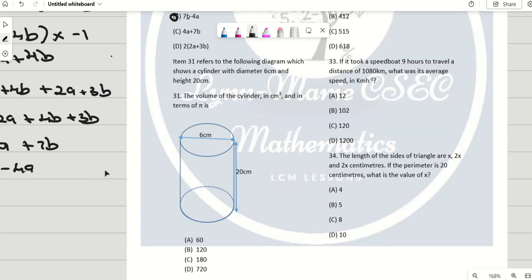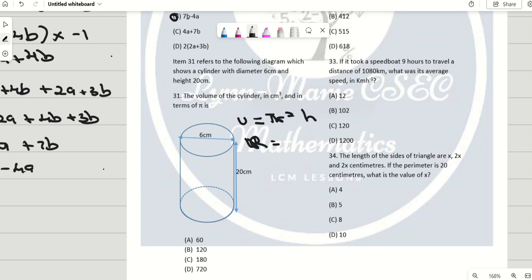The volume of a cylinder is pi r squared times height.